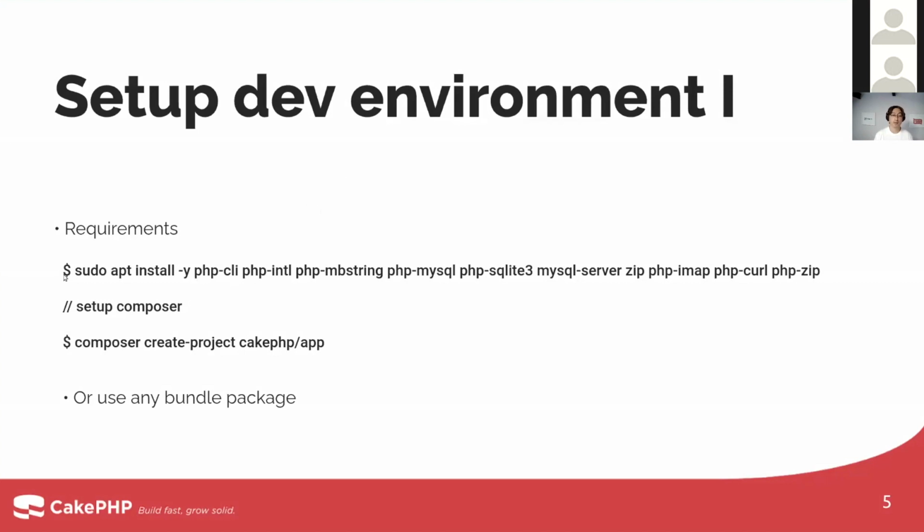You can just configure and install PHP, PHP 7.4, for example. You can configure a couple of dependencies or extensions in PHP if you need to access databases, all these things, right? Then you will need to set up Composer, and you will be using Composer to create a CakePHP project from scratch using the CakePHP skeleton application, CakePHP app.